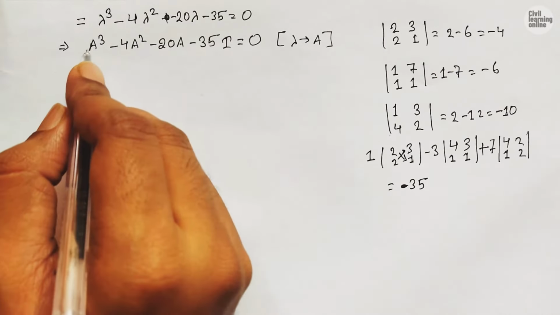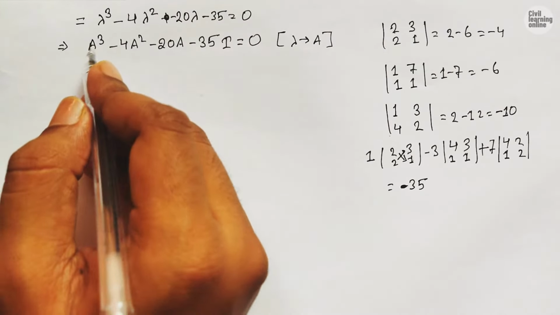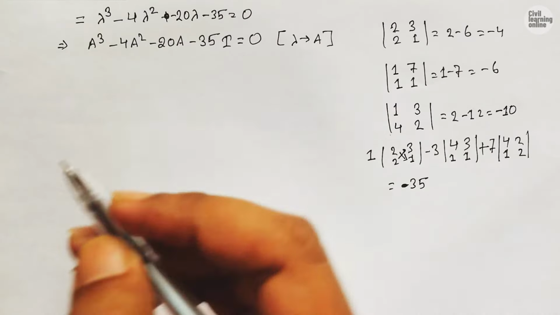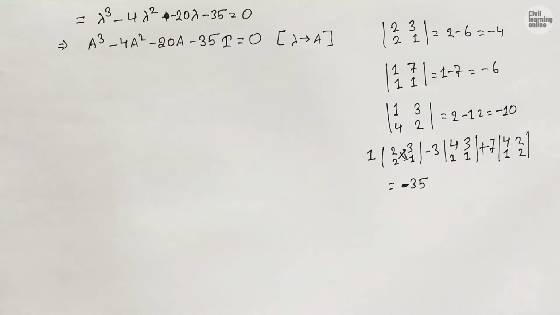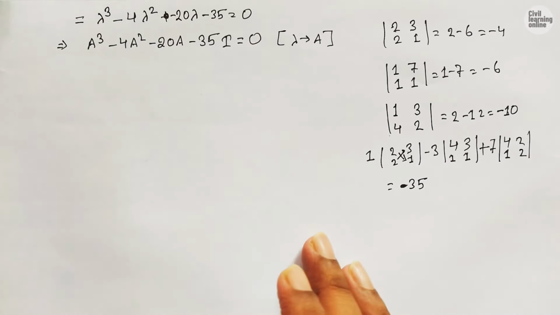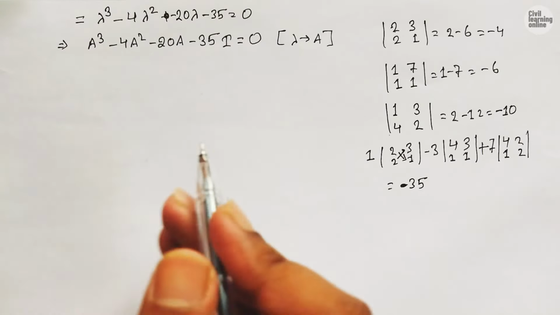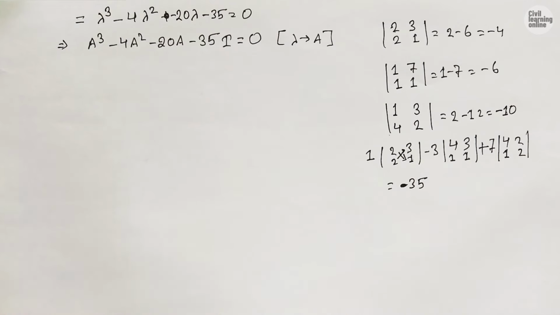Now we need to find the cube of matrix A, and the square of matrix A. For that we need a good concept of matrix multiplication, and I hope you know how to do it. If not, you can watch the video provided in the I button about how to multiply 3 by 3 matrices.